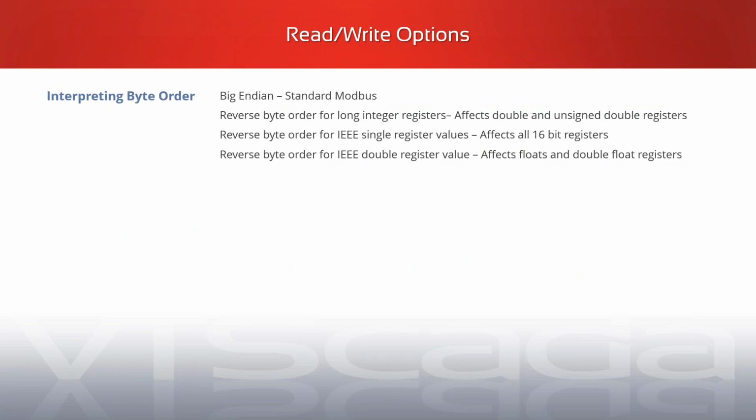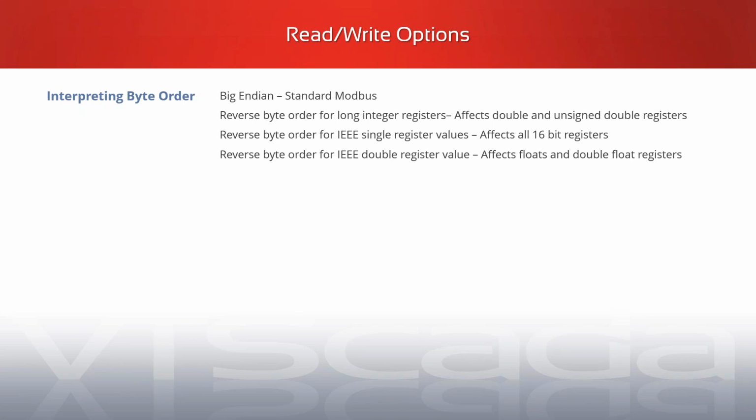The original Modbus standard was written with big endian, which was the order in which the bytes are received. They are interpreted as most important information first, the most important byte, followed by the second, the least important byte. That wasn't always the way. So following that, things changed.